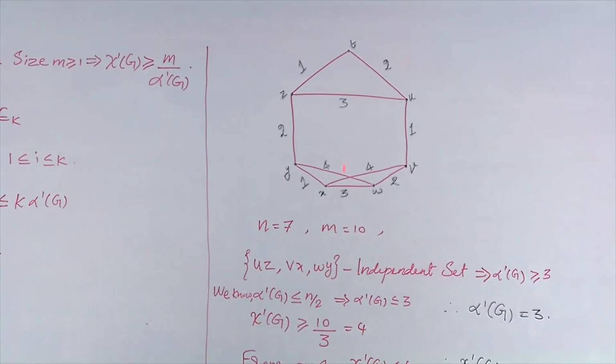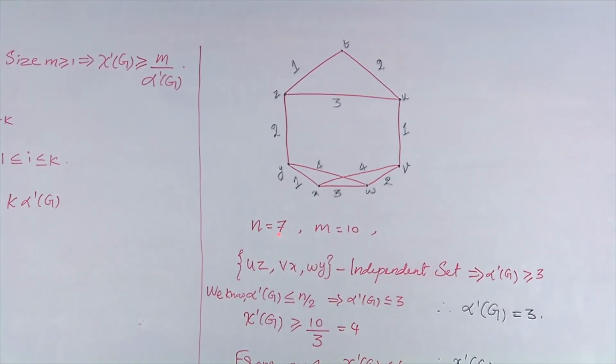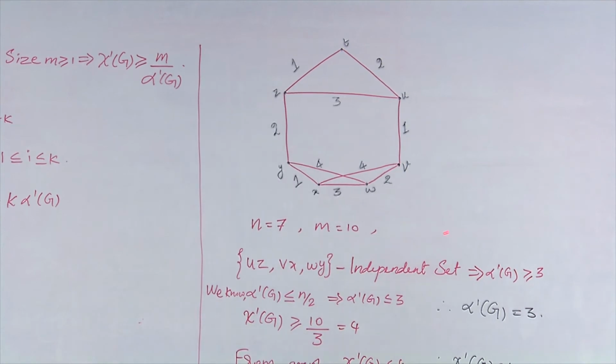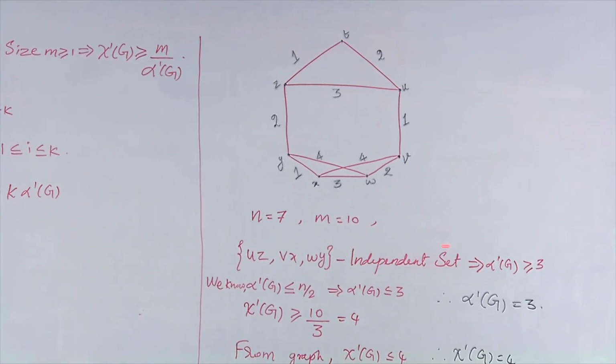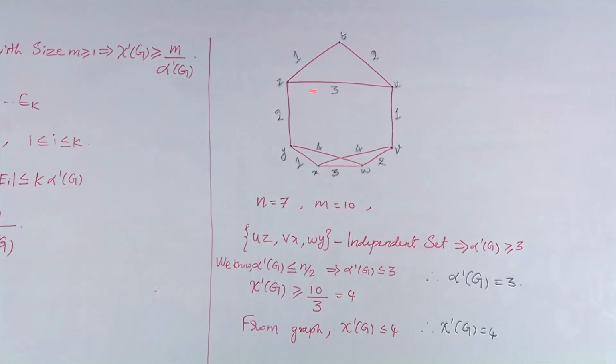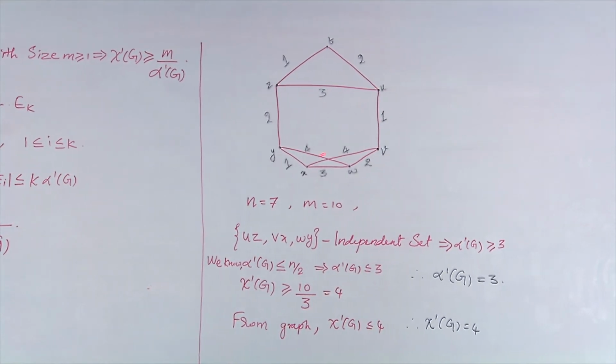It is a graph that I consider. The order, that is the number of vertices, is 7 and the size, the number of edges, is 10. You can see from the figure, n is 7 and m is 10. First, I am going to find the independent set. If you consider uz and vx, these two edges are not adjacent to each other.